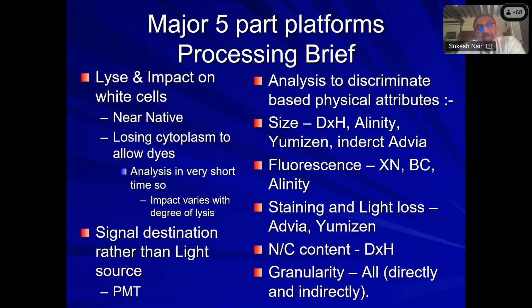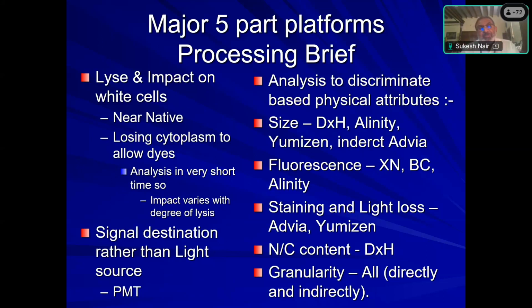Now, obviously, after the lysis, what matters is what signals are generated by the cells and how the cell counter is going to look at the signals that come out, basically through the photomultiplier tubes. Based on that, it analyzes to discriminate based on the physical attribute, size.